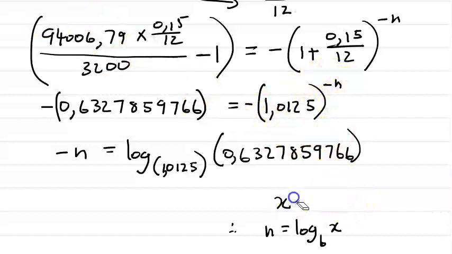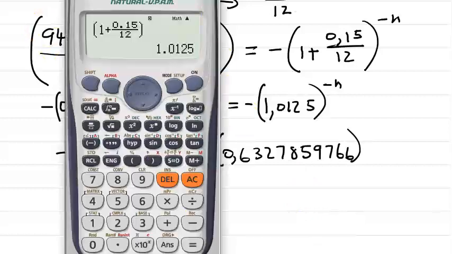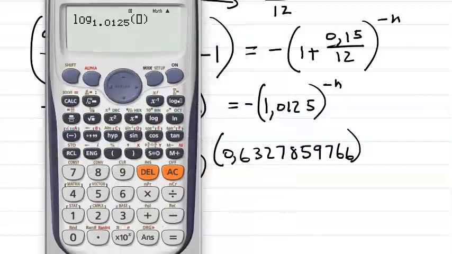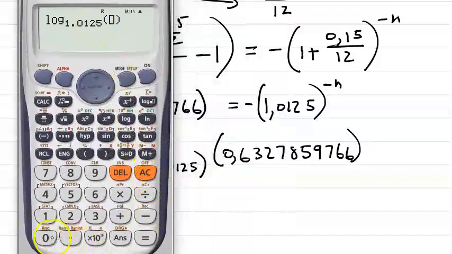Okay, so let's get rid of this. So now let's do our calculation. If we now put that in the calculator, we're going to end up with log base 1.0125 of 0.6327859766.